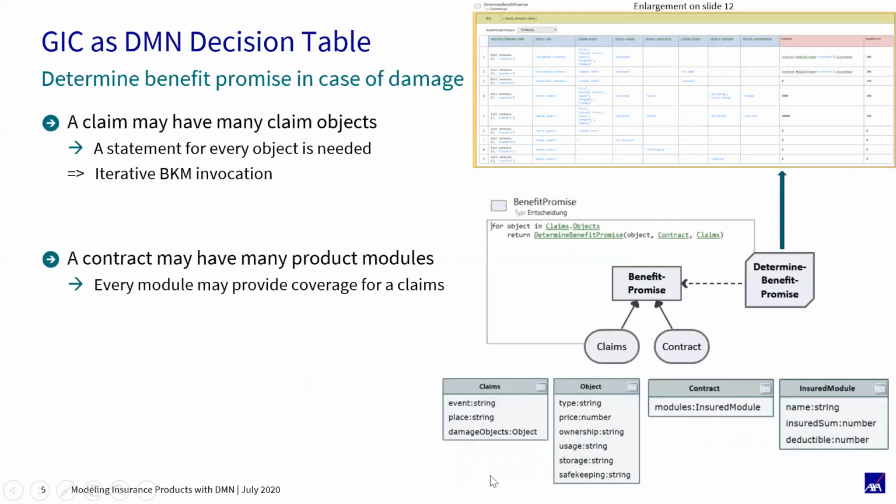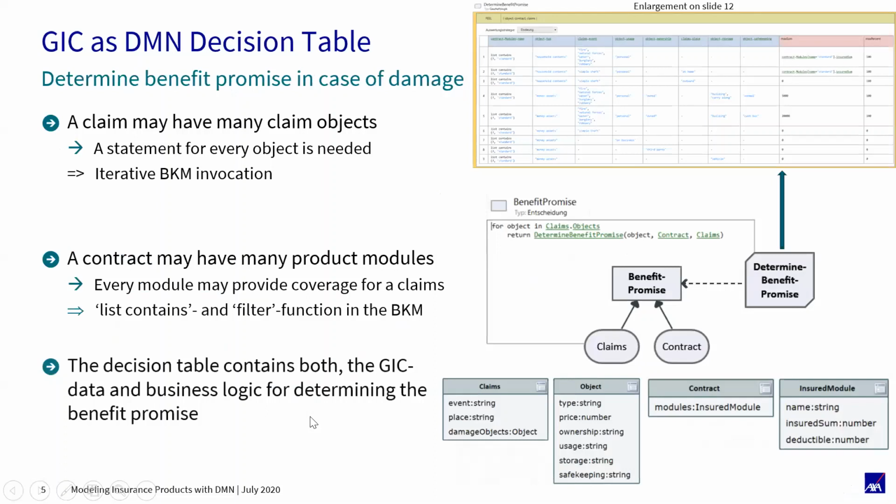So this approach might seem sufficient for the first moment, but if I want to know how my household contents are insured instead of what is the benefit promise in a case of fire, then this decision table is not sufficient anymore.